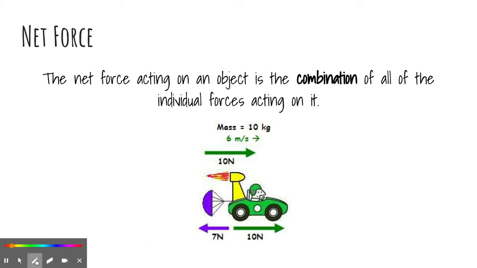One thing we can do when we are calculating net force is add up the forces that are going in the same direction. The 2 forces going to the right are both in green.